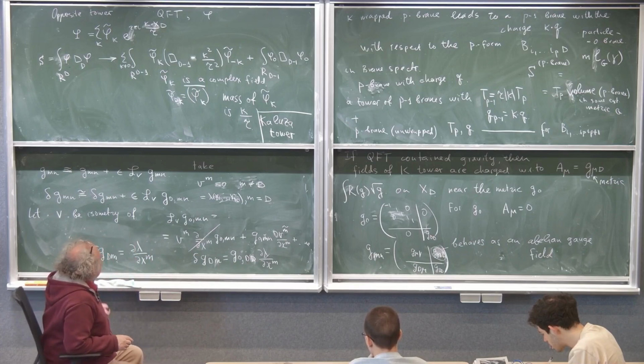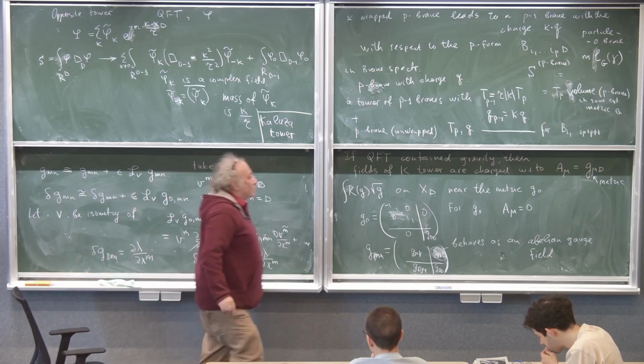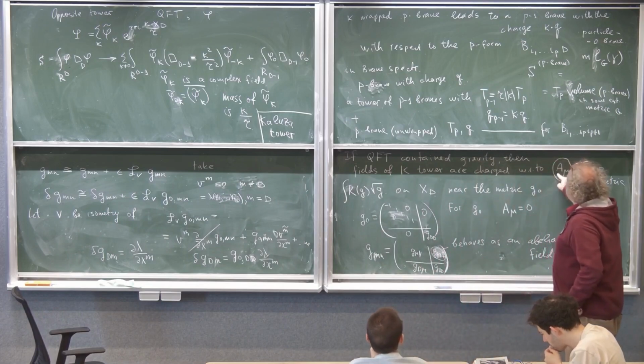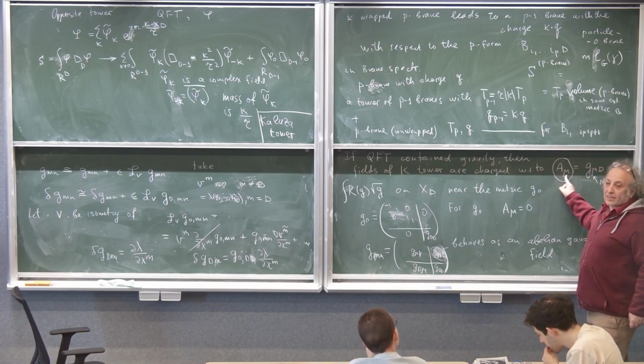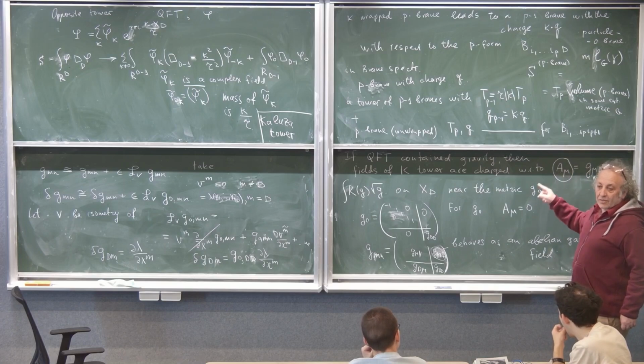And if I write an action on this A_m, it should be a second order action that should be invariant under the gauge transformation.